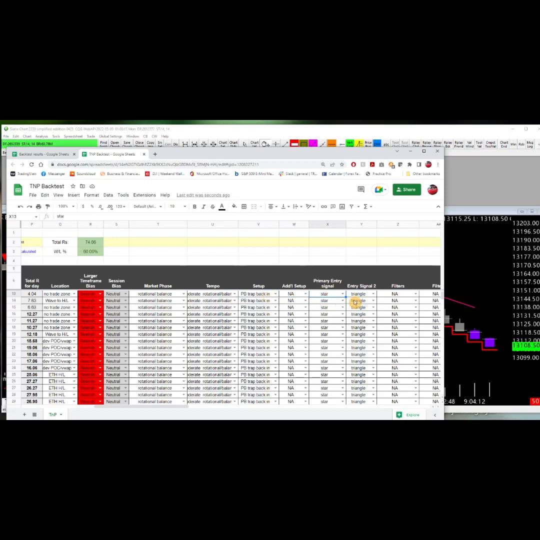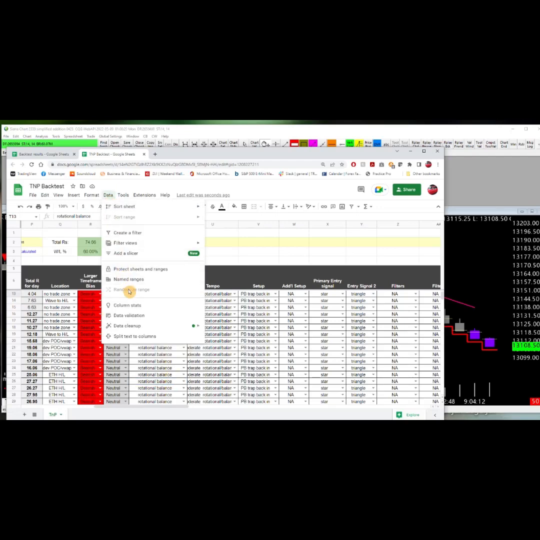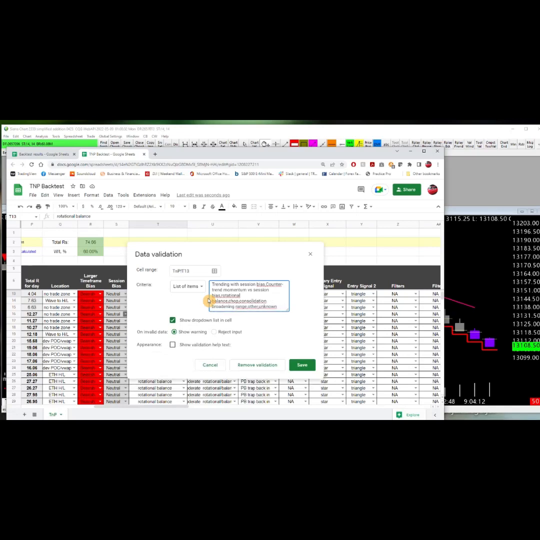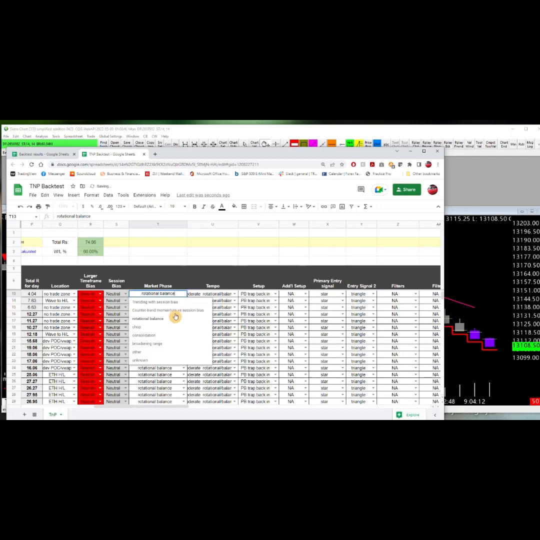All of these with a drop-down menu, you can fix. So let's say you don't want to use the front side, back side. You don't care. You just want to have consolidation. So again, you just go to Data Validation, and you just adjust it like this, and you take out all that, and you make sure you leave the comma, because otherwise it'll look like one long option, and then it'll be gone.